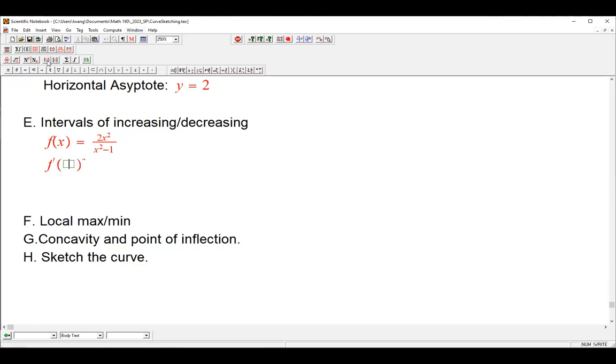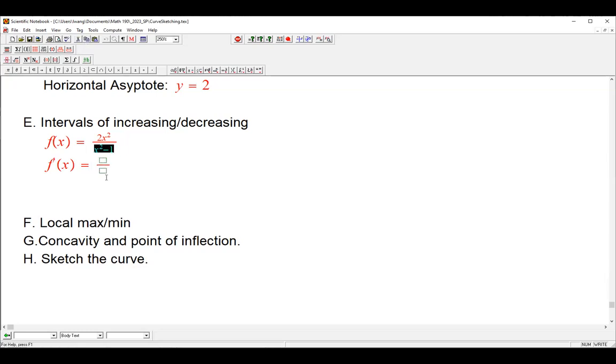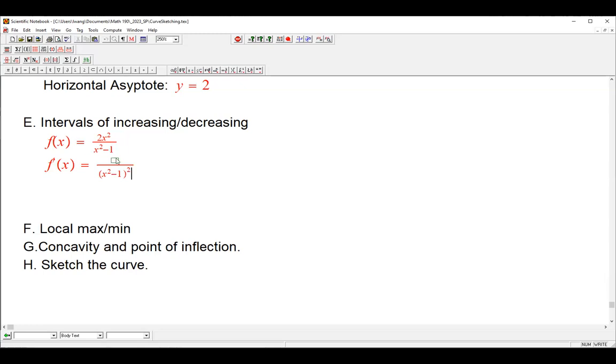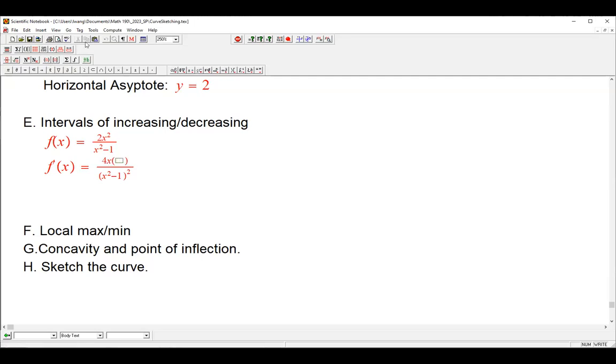Quotient rule. So x squared minus 1, then squared, quotient rule, and f prime. So the function on the top, 2x squared, the derivative is 4 times x, multiplied by x squared.